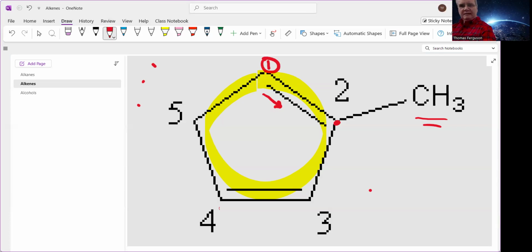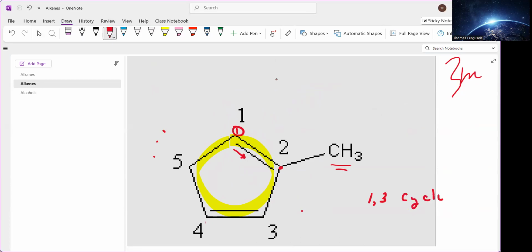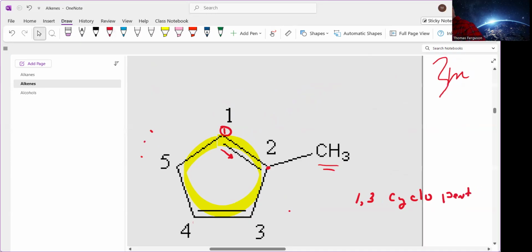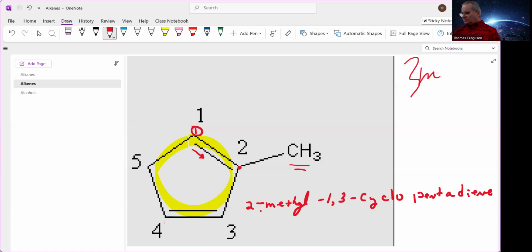So it's going to be 1,3-cyclopentadiene, and we've got a branch at carbon number 2. So 2-methyl 1,3-cyclopentadiene.